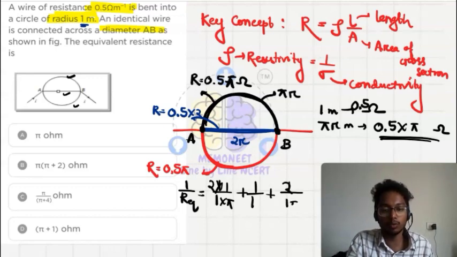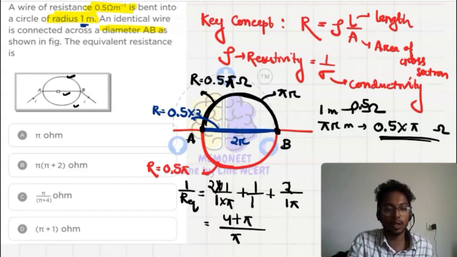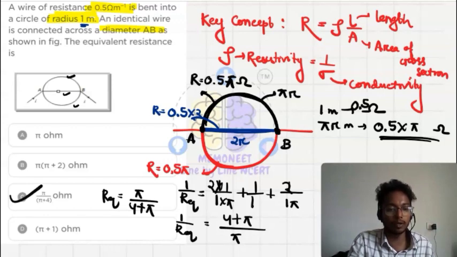If I solve this, we have 2 plus 2 is 4, plus pi, upon pi. So this is 1 upon R equivalent, and R equivalent will be pi upon 4 plus pi. So which will be our answer? Option C is our correct answer.